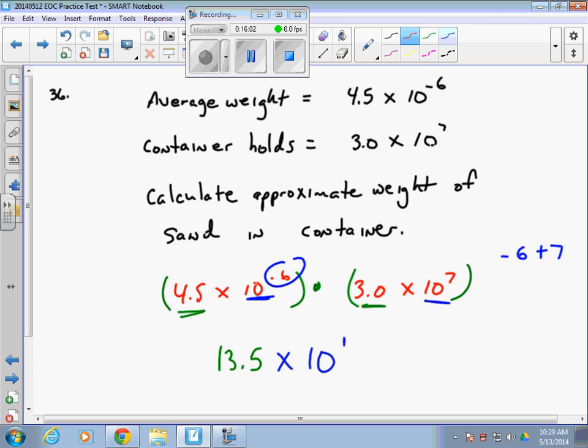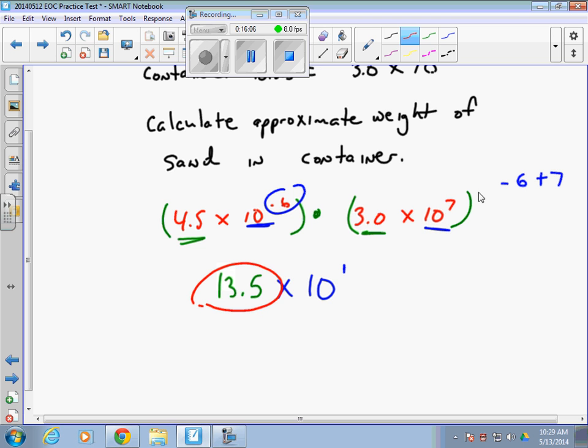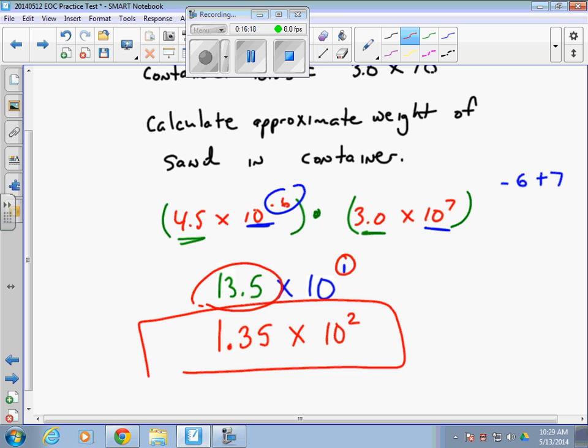The number right here has to be between 1 and 10. So move that decimal over one spot, make it 1.35 instead, times 10, and we moved it over one time, so 1 has to become 2. 1.35 times 10 squared kilograms.